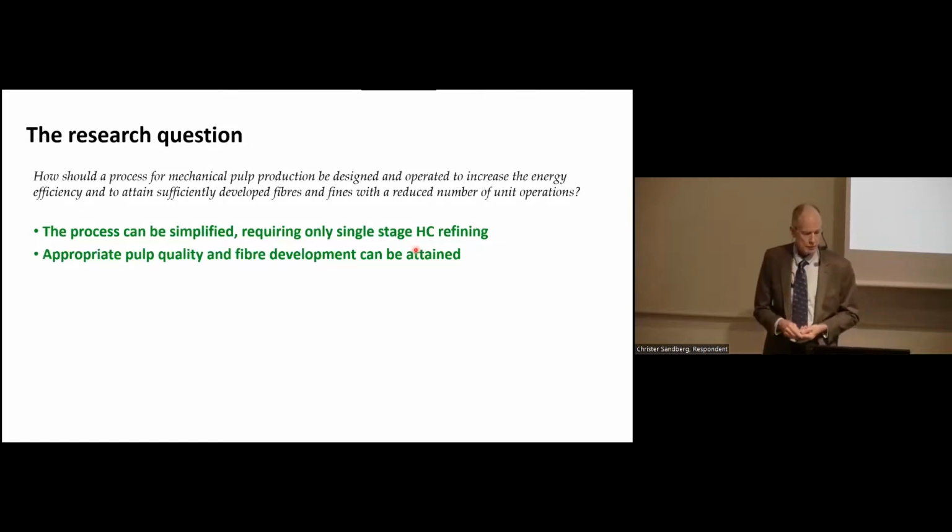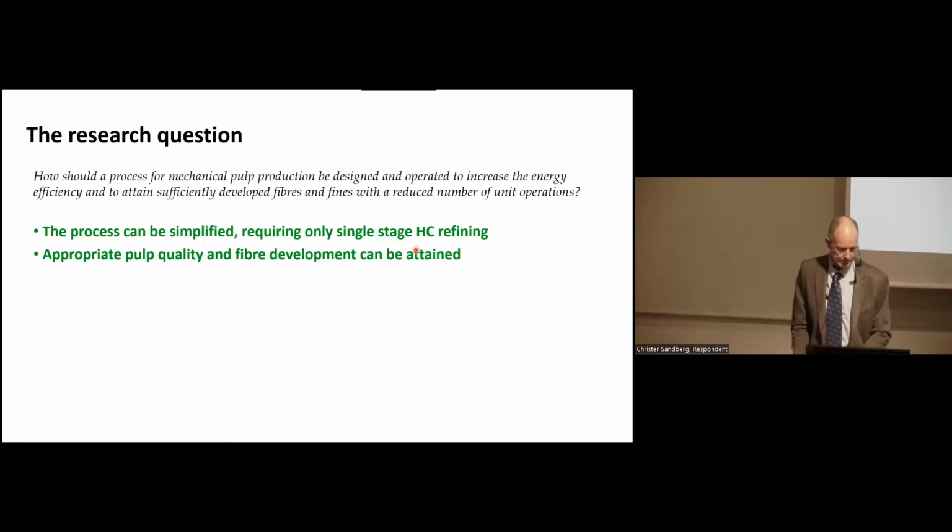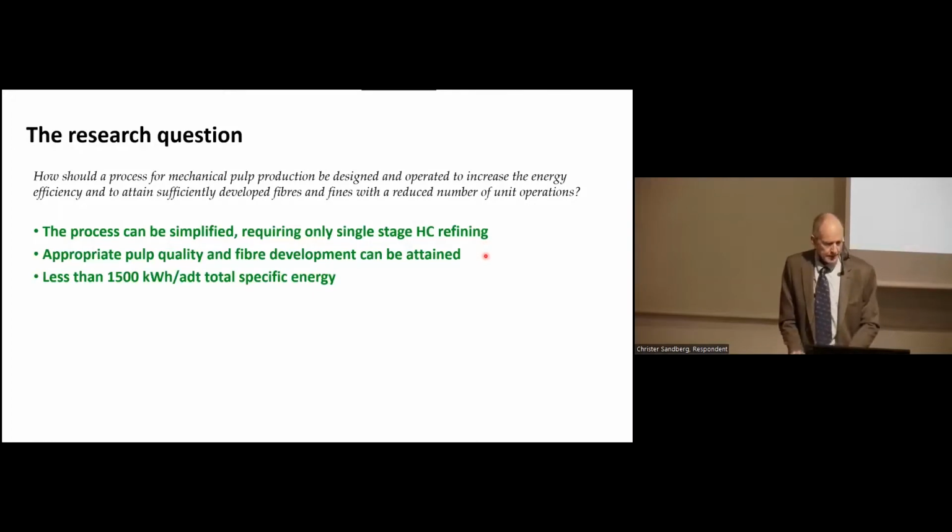Appropriate pulp quality can be attained, and you get very good fiber development, as good as in the more complex normal process. This can be made with less than 1,500 kilowatt hours per ton, total specific energy.